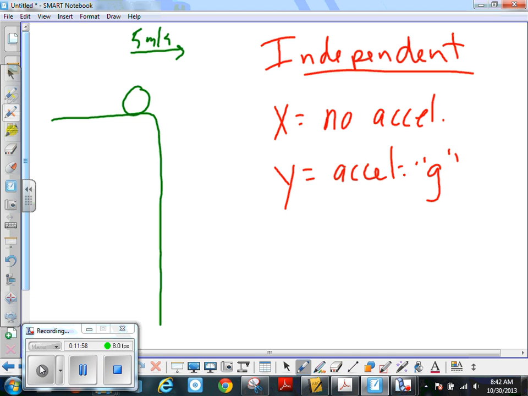Okay. So what's going to happen here is I'm going to have a certain amount of time to fall. Remember that little lab that we did when you figured out how long it took to fall from the chair, and then how long it took to fall from your hand, and then you got to stand on the table and figure out how long it took to fall.